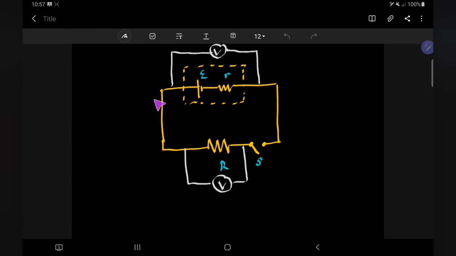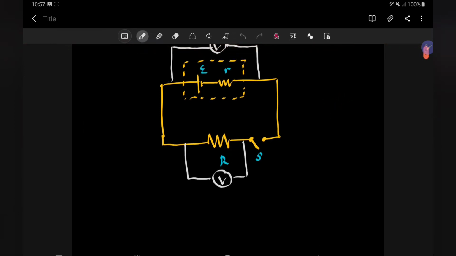When there is no current flow, there is no potential drop across R, because as we know, V equals IR. In this case the current equals 0, it doesn't flow through the circuit. When I is 0, V is 0. So the V drop across the resistor equals 0.